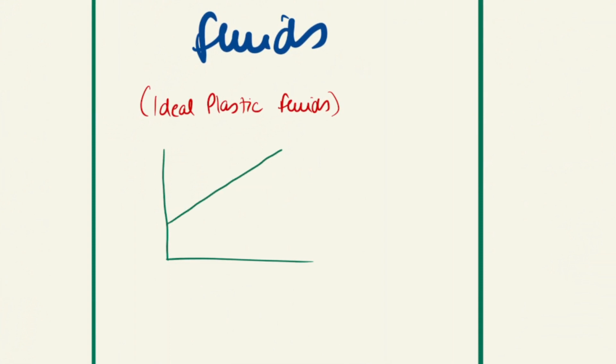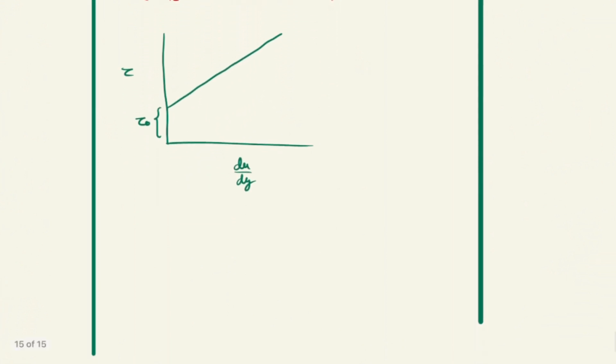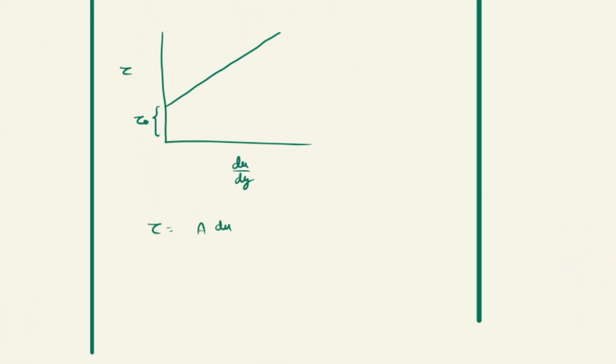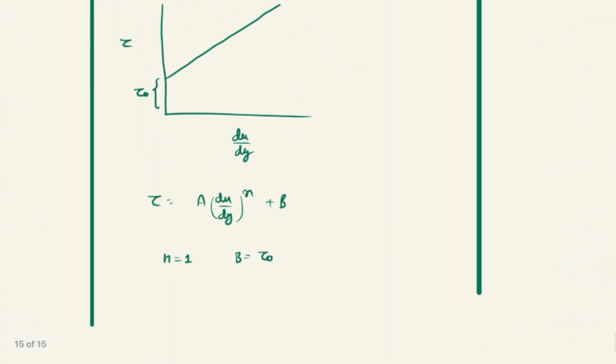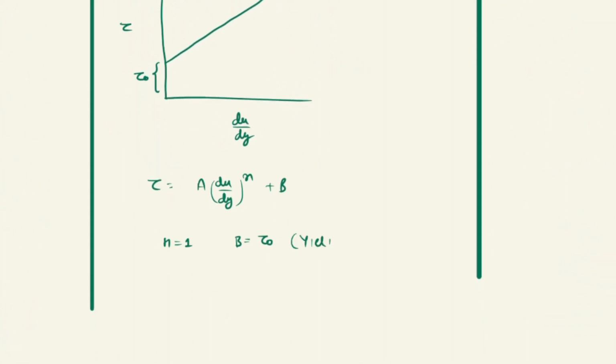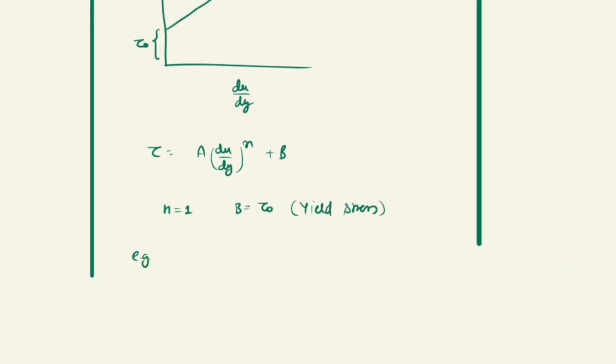Yeah, this is the tau naught value, and this is tau and du by dy. Their equation is like this: A (du by dy) raised to power n plus b. Here the value of n is 1 and b is tau naught. It's also called yield stress. The examples are drilling mud and toothpaste.